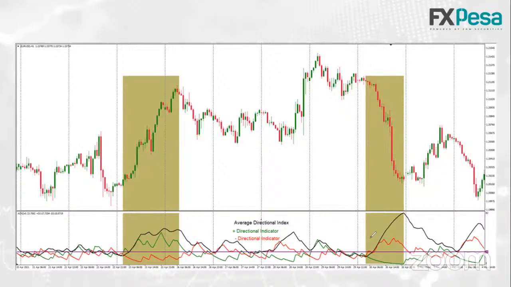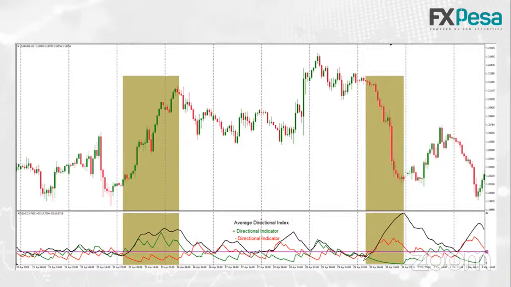Conversely, if you look at this second setup on the right, this is the point where we get our first indication. You'd have the average directional index rising above 20. Then when you check those other 2 lines, you'll notice that as that was happening, it could be either at the same time or slightly before that, you check the action on the other 2 lines.